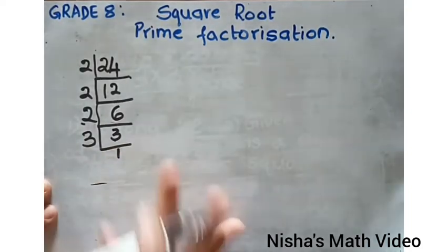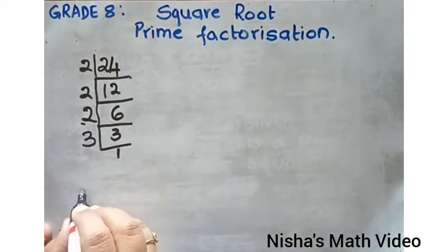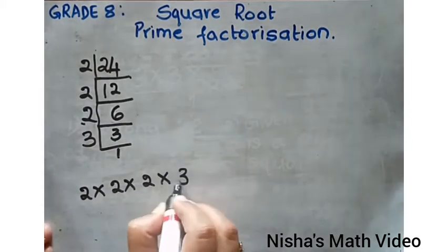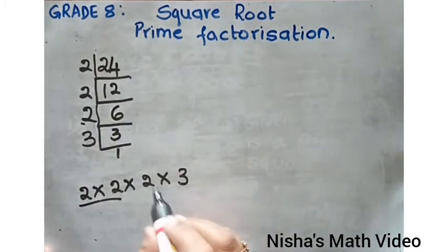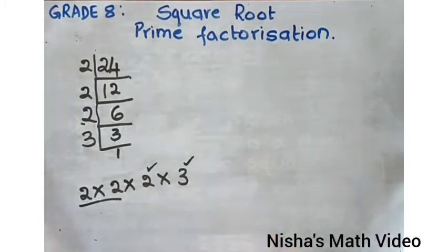See, here we knew that something was wrong because my prime factorization was wrong. Look here now, 2 into 2 into 2 into 3. This pair you have, but you can't make these two as one pair because the same number you should pair. So this one is extra, this one is extra.